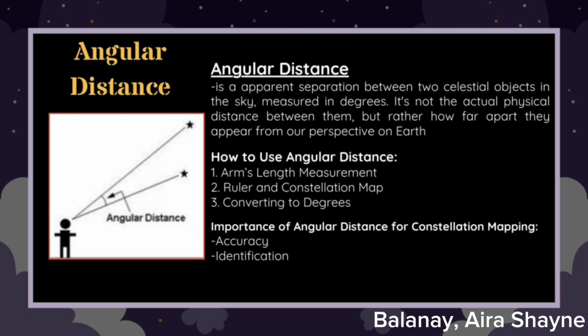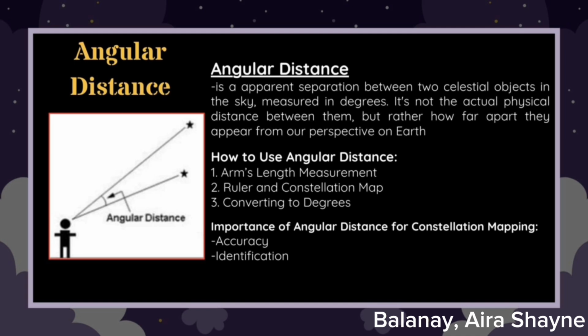So, how do we use angular distance? First is the arm length measure. A simple method to estimate angular distance is by holding your arm in front of you. When your hand is open, the width of your little finger roughly represents 1 degree of angular distance.